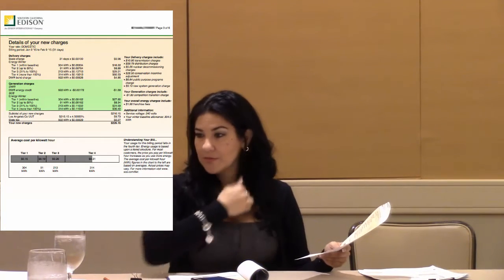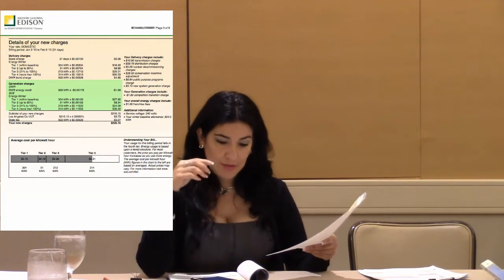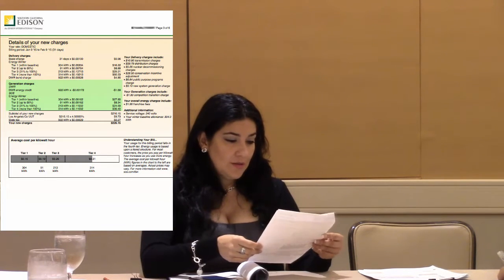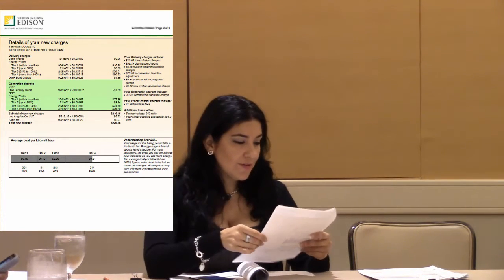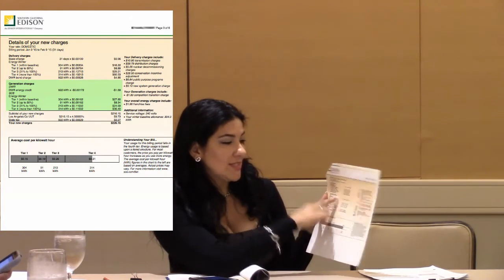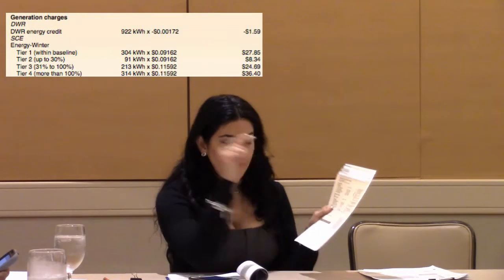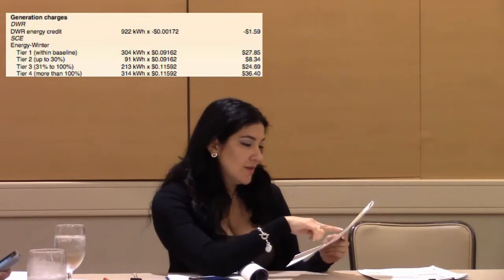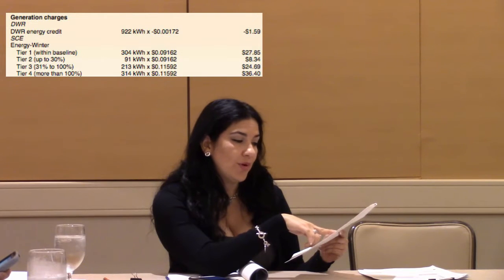You want to ask them to do the math, okay? So take your phones or your calculator or whatever you have, so you guys can do it on your own. And right now, you are going to make believe that you have my calculator, you are the client. So the first thing that we're gonna go through is the generation charges. I told you, it's exactly what you used, okay? So the first charge is $27.85, plus the next charge is 8.34.